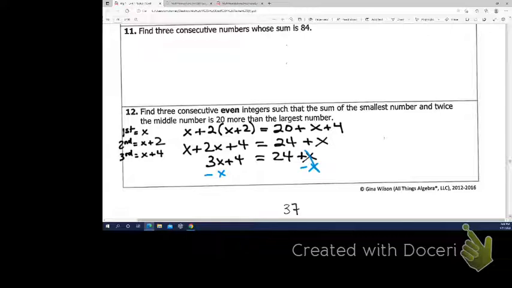Don't move both of them, right? That wouldn't be helpful. So now you're left with a 2-step equation. Remember that when you get this answer, that is just your first number, and then you need also the next 2 even numbers after that. So I hope this is helpful, and I'll see you soon.